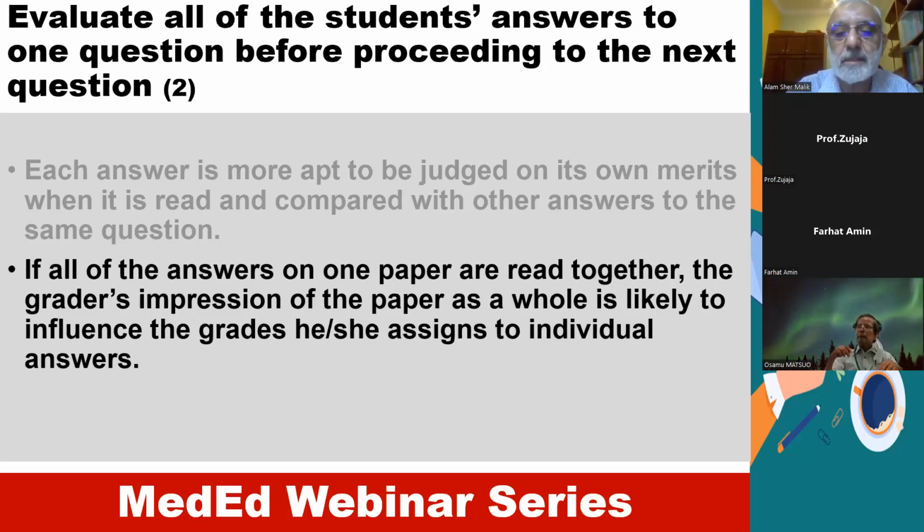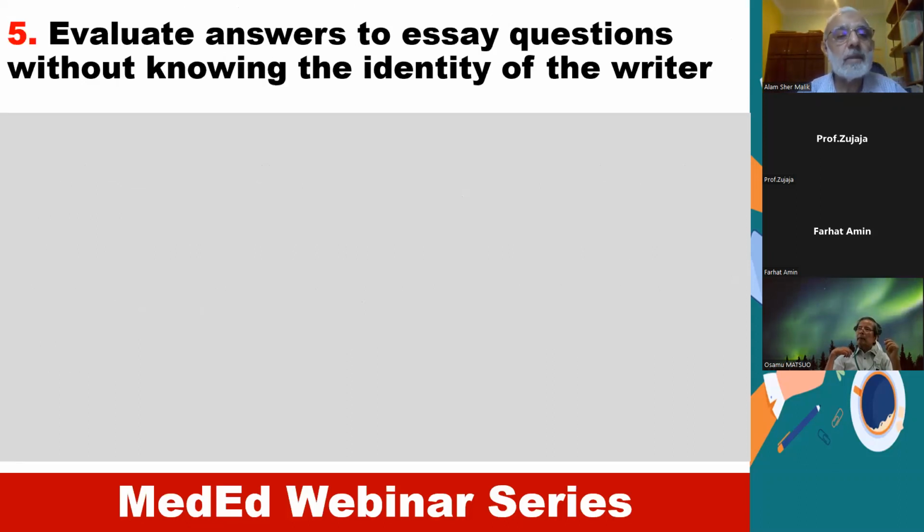If a student has achieved a poor rating in question 1, the examiner might develop some kind of bias, and the same negativity can influence the marking of the subsequent questions. So marking question by question rather than paper by paper or student by student is more helpful to maintain the objectivity and to control the subjectivity in marking essay type questions.